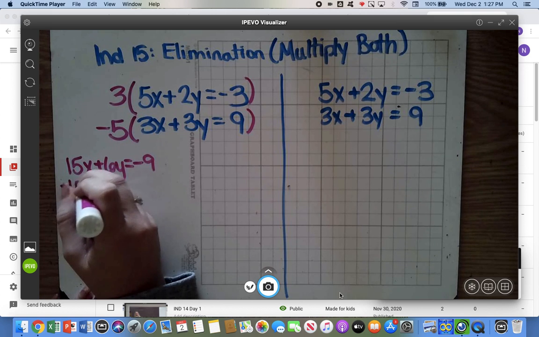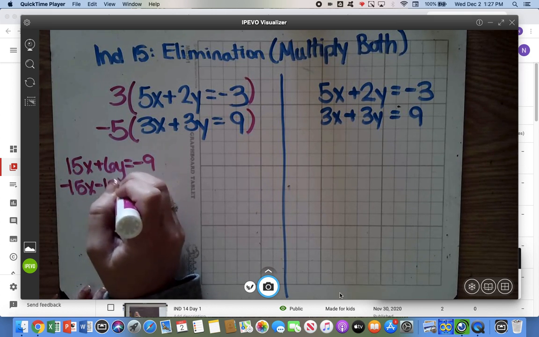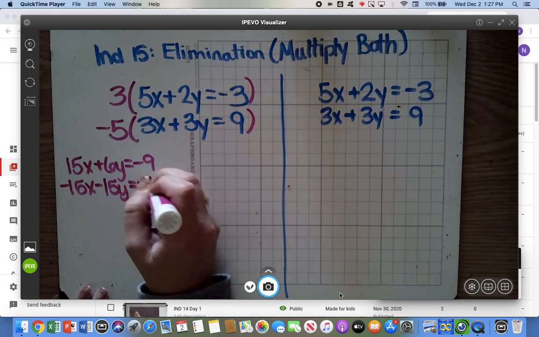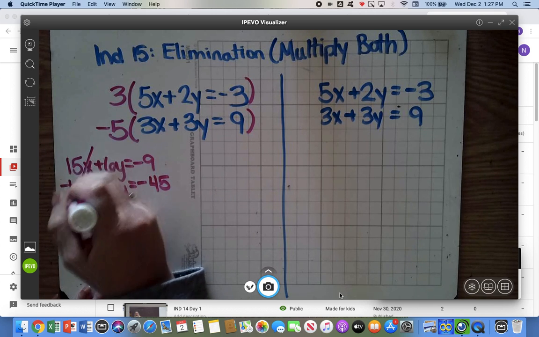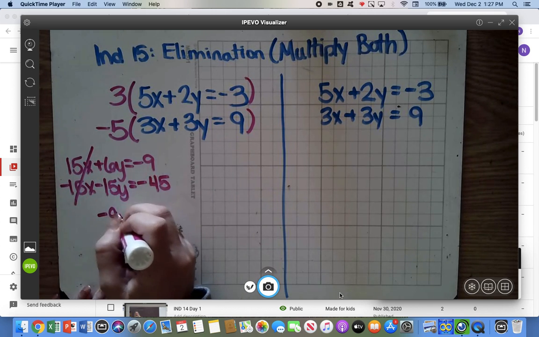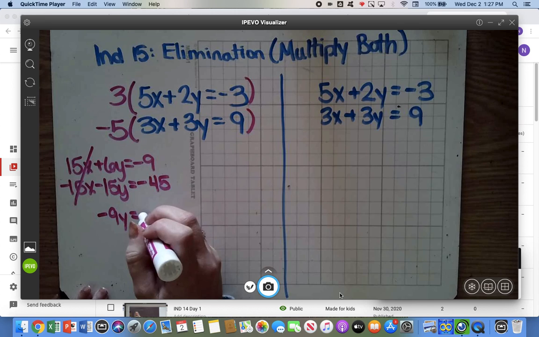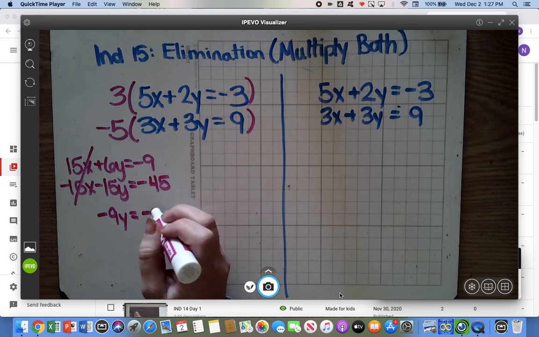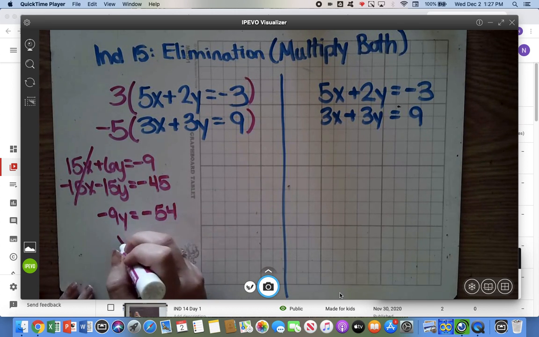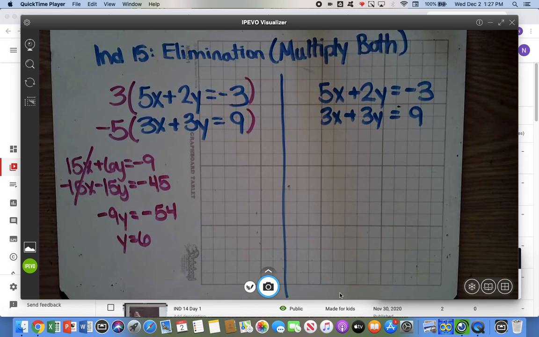Negative 15x minus 15y equals negative 45. And we get negative 9y equals negative 54, and we divide and get a positive 6.